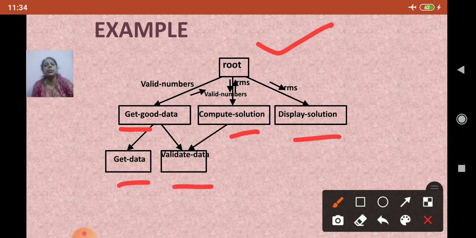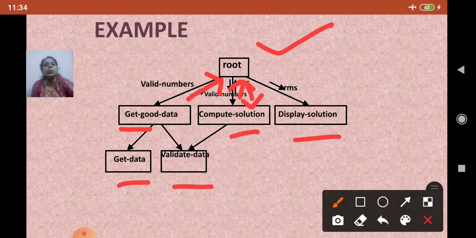Get data means it will accept the data from the user, and validate data means it will check whether the number is valid or not, within the range or not. If the numbers are valid, then the valid numbers go to the main root module. From the root module, the valid numbers go to compute solution, and after computation the answer goes again to the main module.